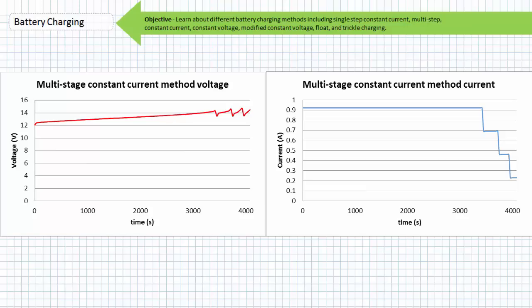At this point, the charger switches over to the third constant current stage, characterized by a 0.2 C20 charge rate. In this case, 0.2 times 2.3 is 0.46 amps, or 460 milliamperes. The charger maintains this reduced charge rate for a comparatively short period, during which the battery voltage again steadily rises to the gassing voltage of 14.4 volts.